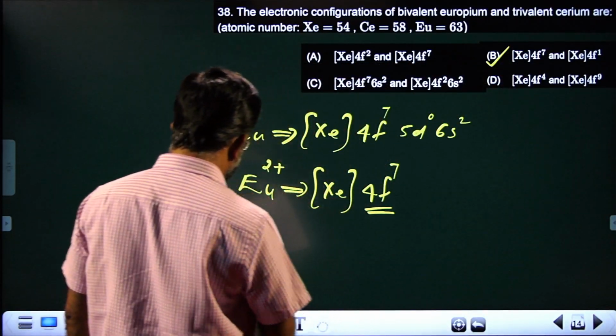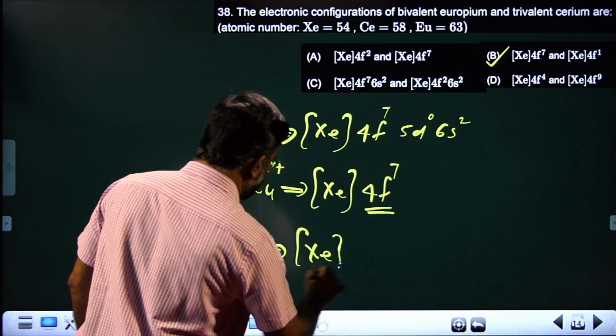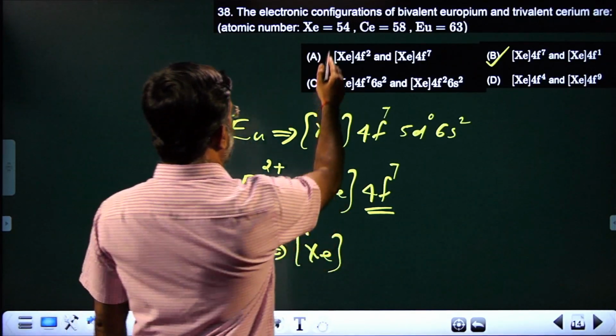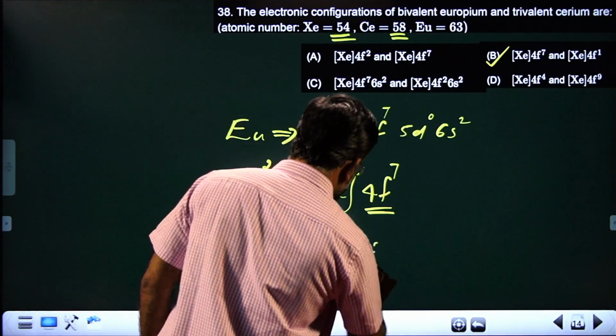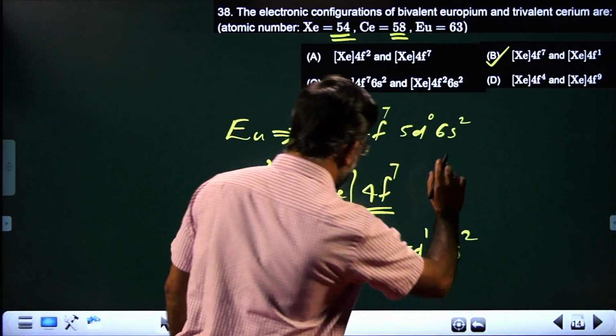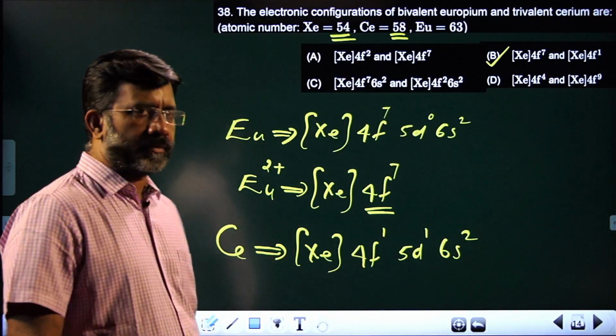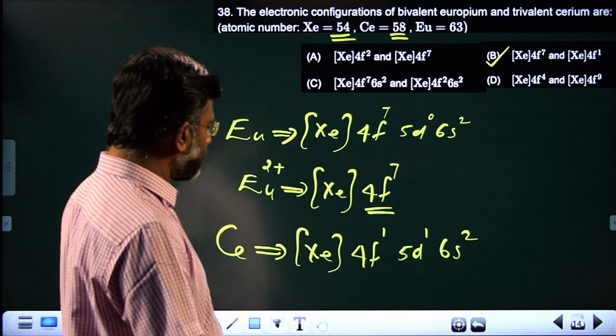Let us examine cerium. It is going to be again the xenon configuration 54 plus 4 more electrons. It will be 4f1, 5d1, 6s2. This is the configuration for cerium. You can examine the textbook information, it's well explained there.